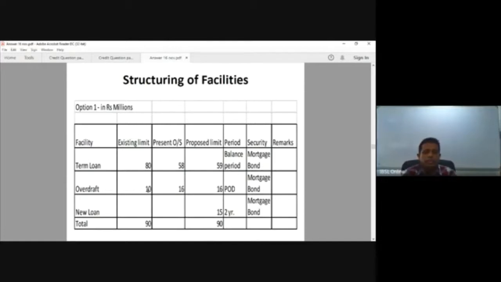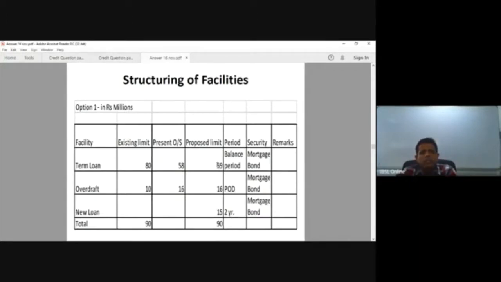Proposed limit. Now we have a total limit of 90 million. Currently they have a requirement of 15 million for working capital and new machineries.